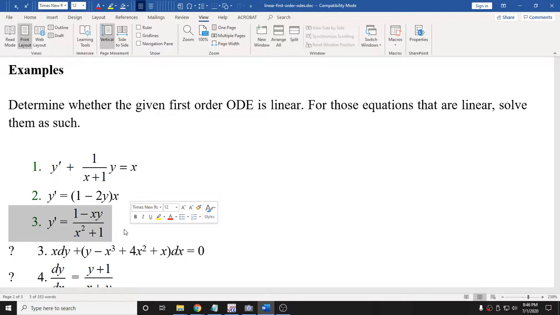If you split this fraction up, you get 1 over x squared plus 1 minus xy over x squared plus 1. Bring it over, so you end up with y prime plus x over x squared plus 1 y equals 1 over x squared plus 1. So yes, linear on y.